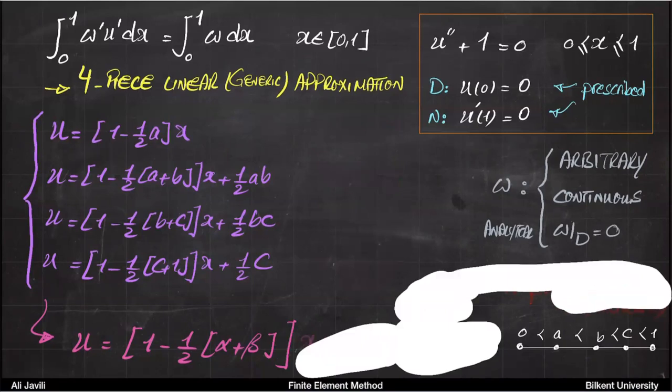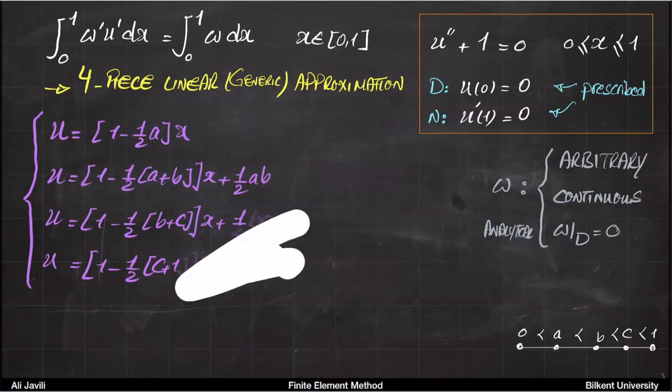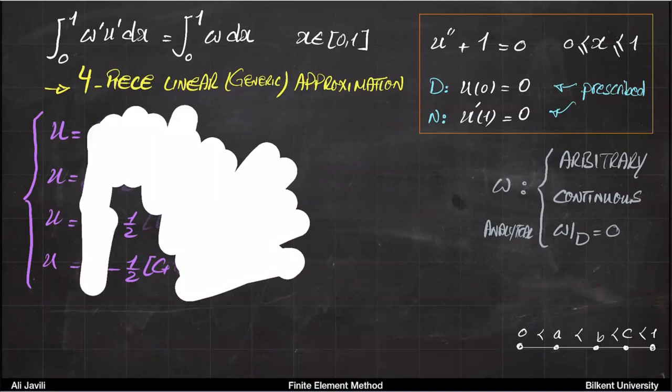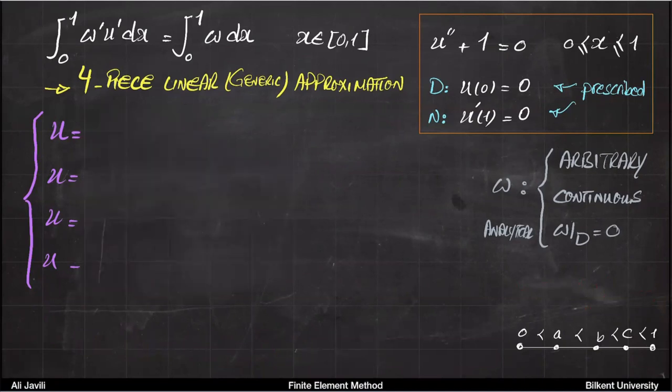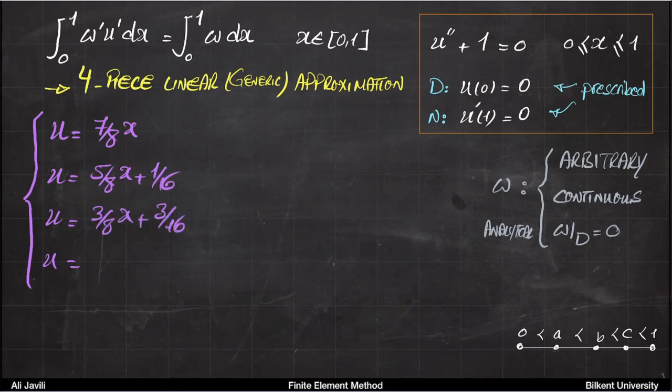If I just play this for a uniform case, then U would look like 7/8x, 5/8x plus 1/16, 3/8x plus 3/16, and 1/8x plus 6/16.